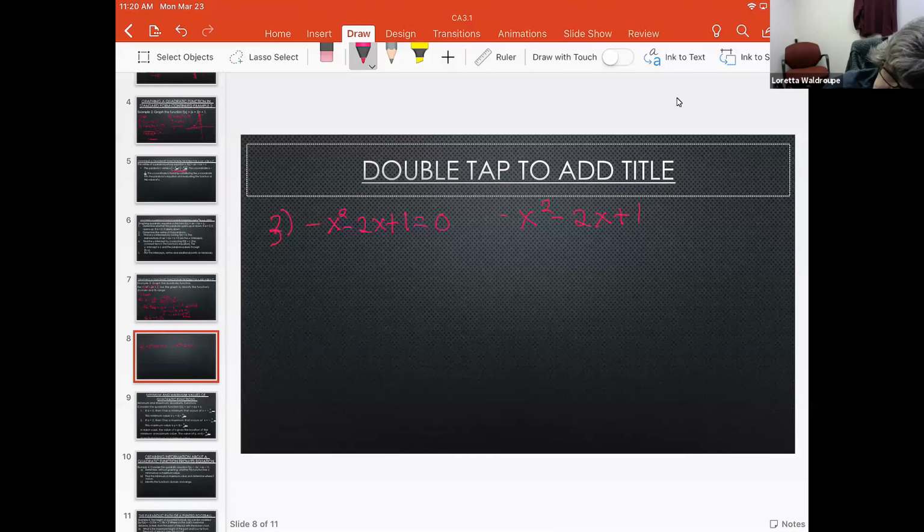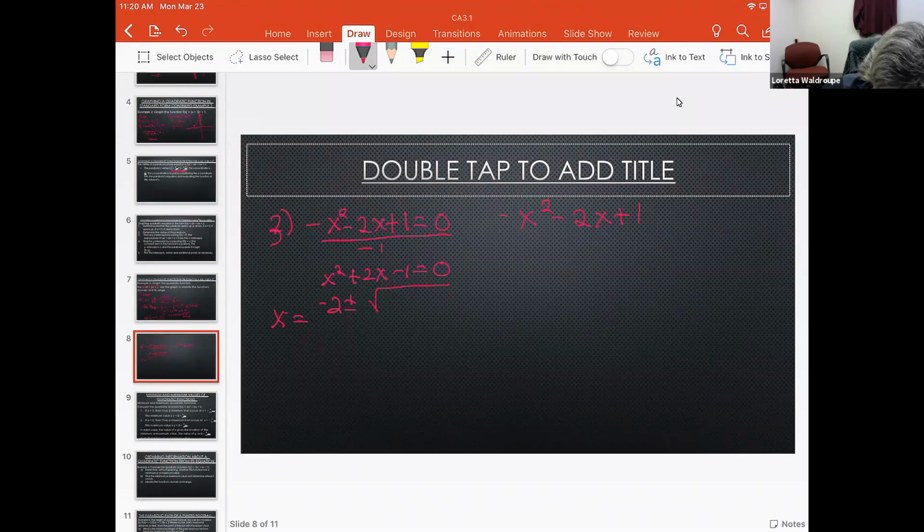So I don't like a negative x squared, so I'm going to divide everything by a negative 1. Are there factors of 1 that are going to subtract to give me 2? No. So in this case, because it won't factor, you have to use the quadratic formula.